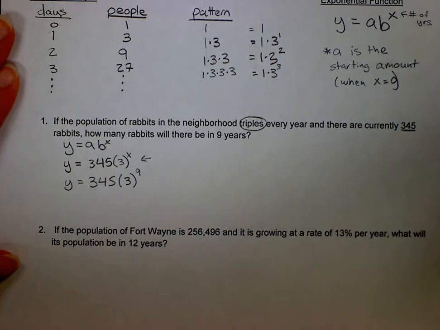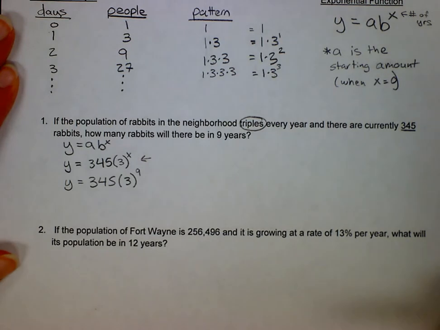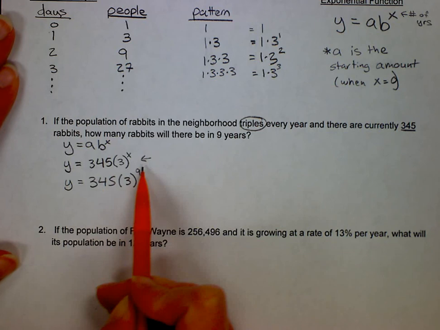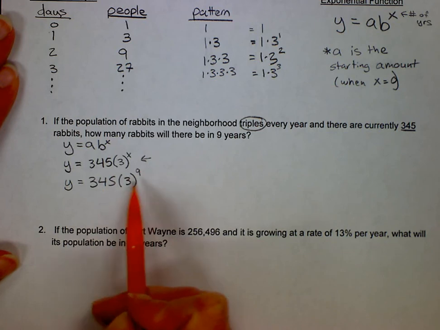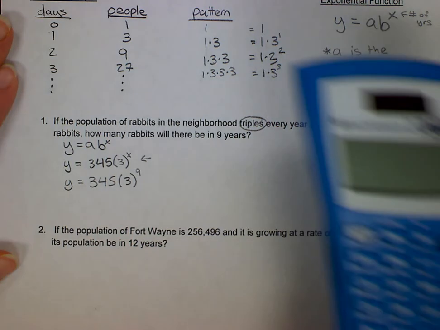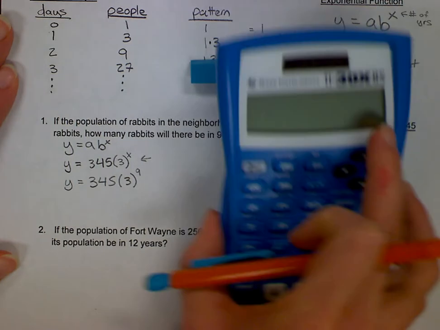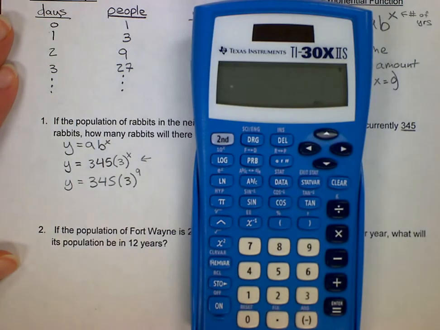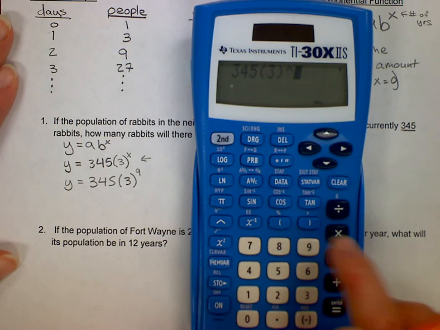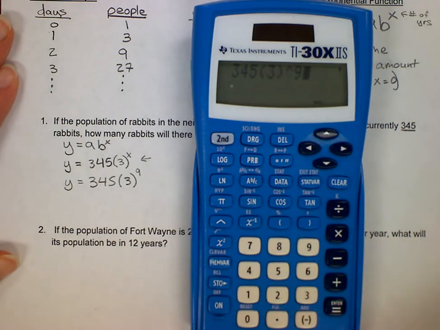And this is what we have to talk about also, because if you want to do it in a couple steps, you have to actually do exponents first, 3 to the 9th, and then multiply by 345. But as you'll notice, a lot of your calculators will do this correctly for you. So let me show you how to type it in correctly. You type in 345, then you'll have the parentheses 3, and then to the power of 9. Your calculator will actually know order of operations, so if you can type it in all at one time, then you're going to be good.